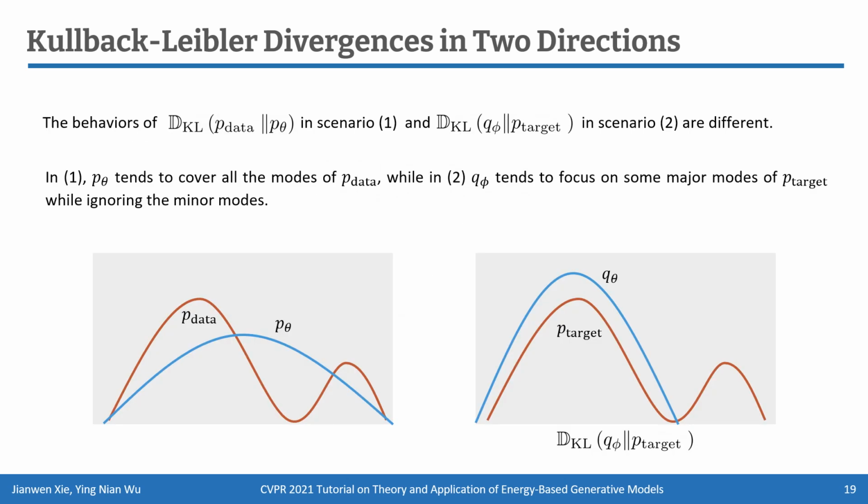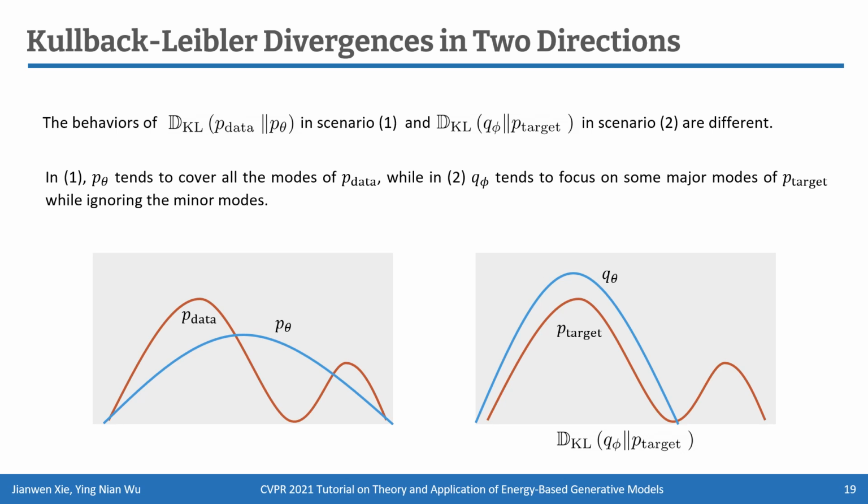The behaviors of KL divergence in scenarios 1 and 2 are different. In the MLE scenario, the learned model P theta tends to cover all the modes of the target, which is the P data. While in the scenario of variational approximation, the learned model Q phi tends to focus on some major modes of P target, while ignoring the minor modes.